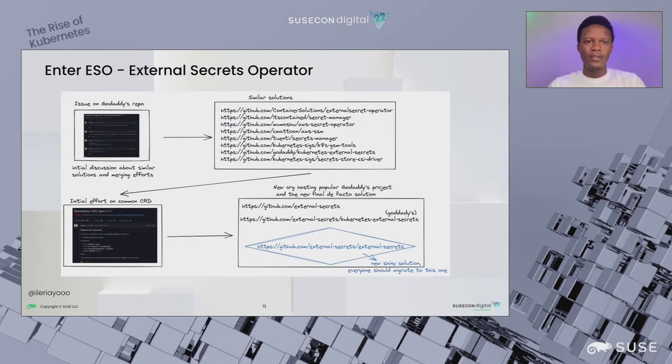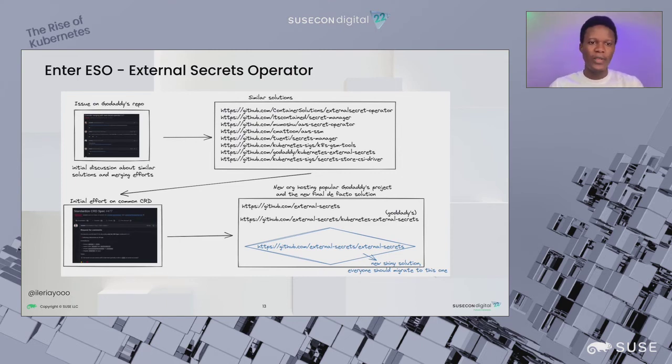And so that's how ESO was born. ESO is External Secrets Operator. So on the GoDaddy repository, there was an initial discussion about merging efforts, and people began to list all of the projects that they had seen that seemed to solve this problem.